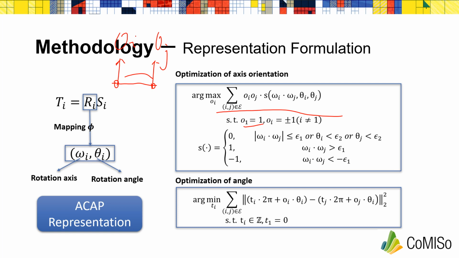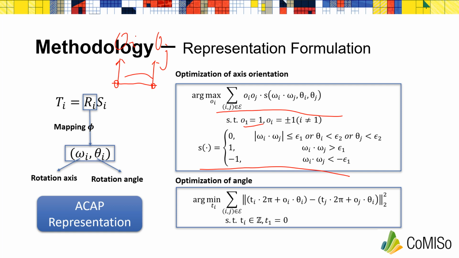So here is the formulation. We want to find the correct direction of the rotation axis. This is an integer programming problem, and we can solve it by the solver from Leif Kobbelt's group work. When we get the rotation direction, next we want to find the cycle.